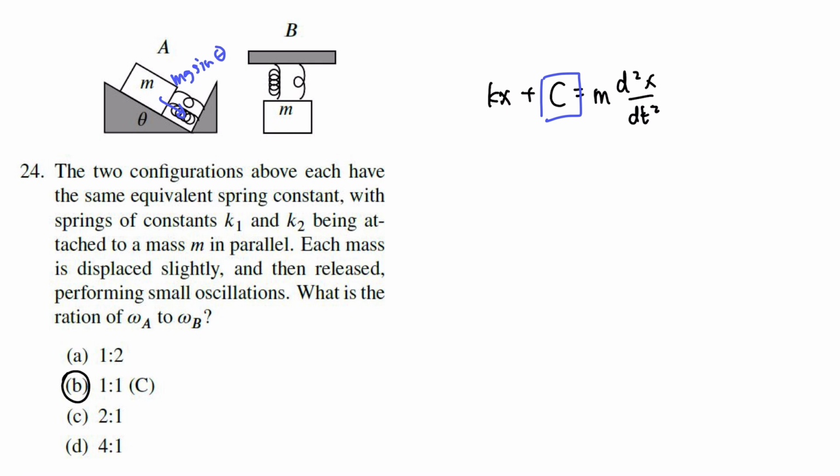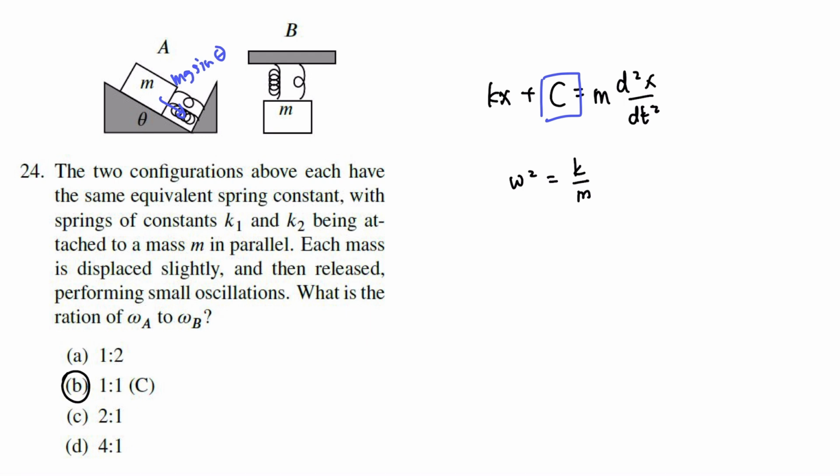So you're always going to have this kind of differential equation, and always for these questions, the omega squared value is equal to k by m, or the constant in front of the position value divided by the constant in front of the acceleration. And that is the angular frequency solution to this differential equation, always.